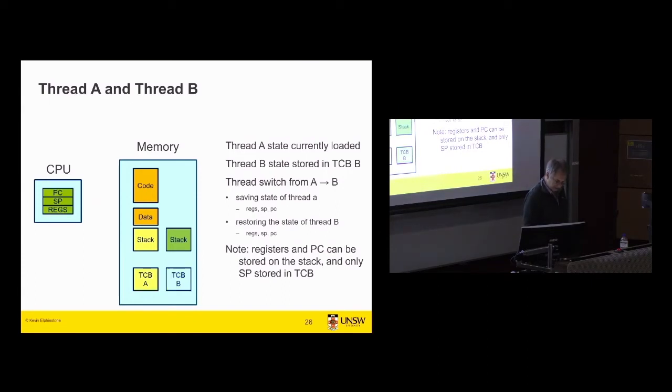Apologies. So we're currently running the yellow thread on the CPU, and we save the state into the thread control block, and we load up the state of the green thread, and we're now running thread B rather than thread A.